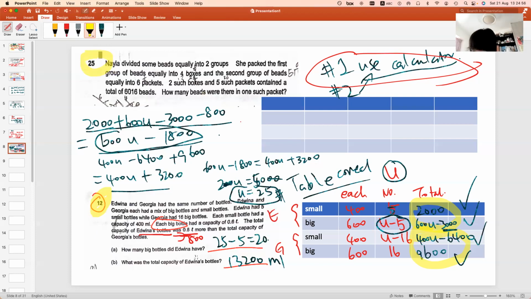Why? Because in fact, questions 25 and 12, they give you two similar questions on one set of paper. If they give it away and you still get it wrong, then you slap yourself. Seriously, slap yourself and wake yourself up.